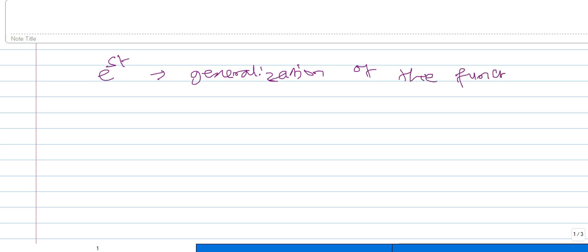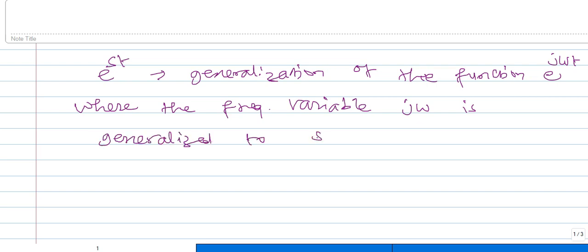Now we can see that the function e to the power st is the generalization of the function e to the power j omega t, where the frequency variable j omega is generalized to the complex variable s equal to sigma plus j omega.